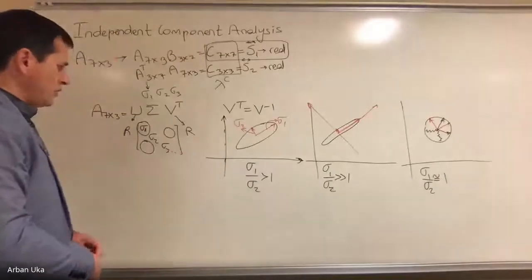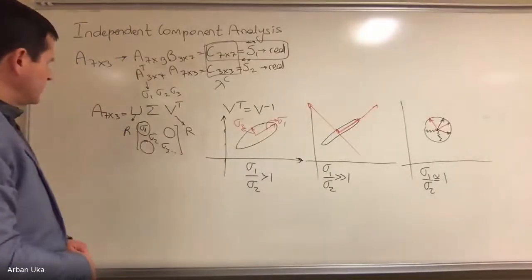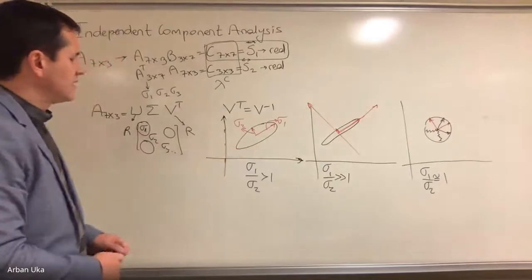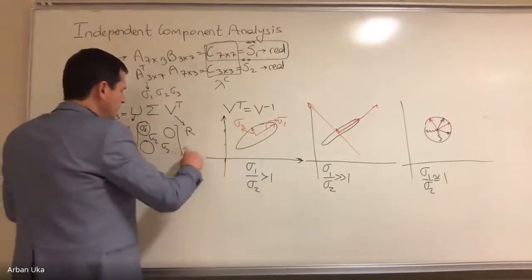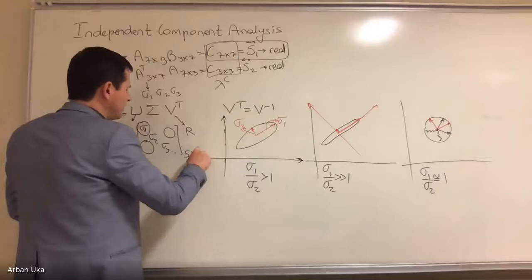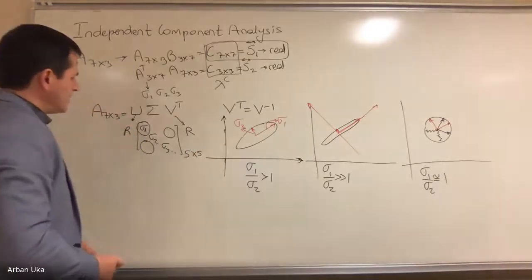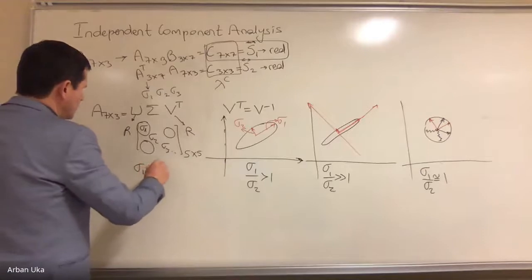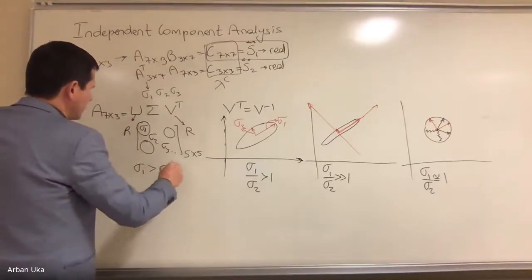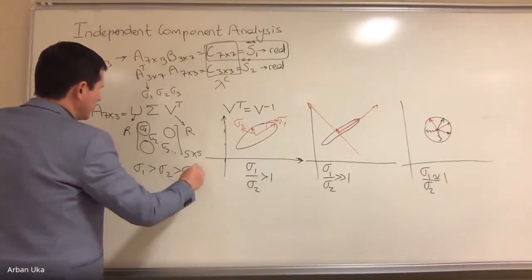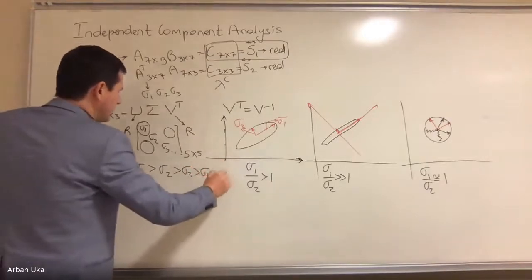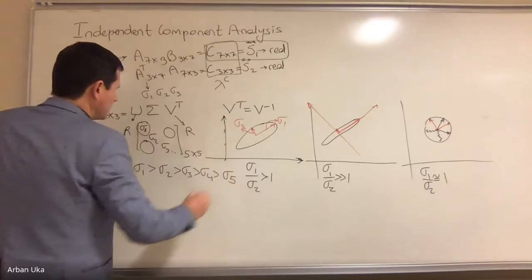And then we have also mentioned before that if the data set is not in 2D, but let's say 5D, which could be a matrix which is 5 by 5, then assuming that sigma 1 is always larger than sigma 2, and this is larger than sigma 3, larger than sigma 4, and larger than sigma 5, okay?